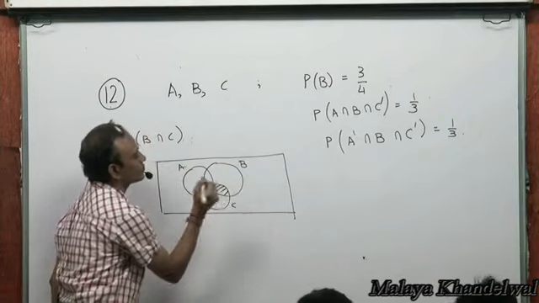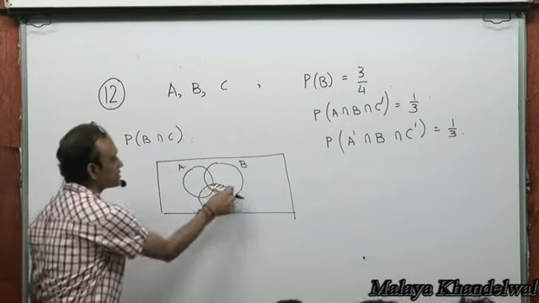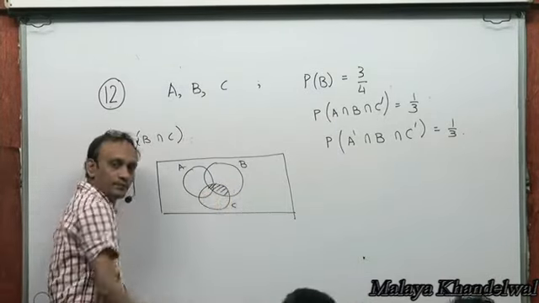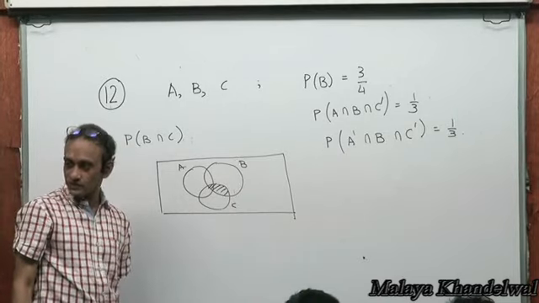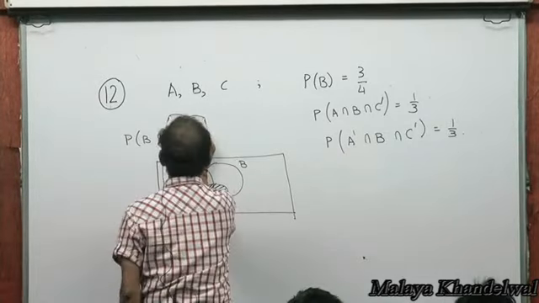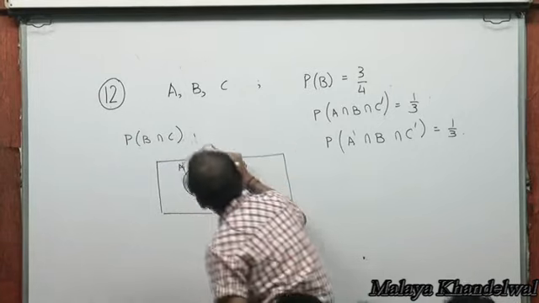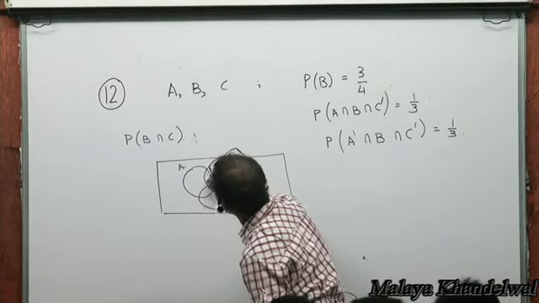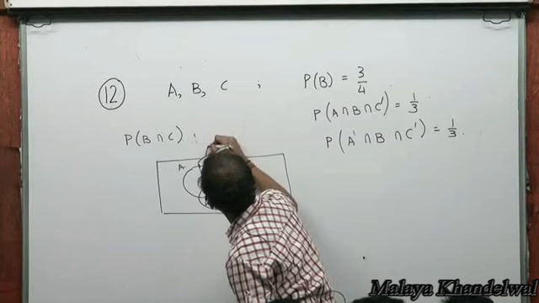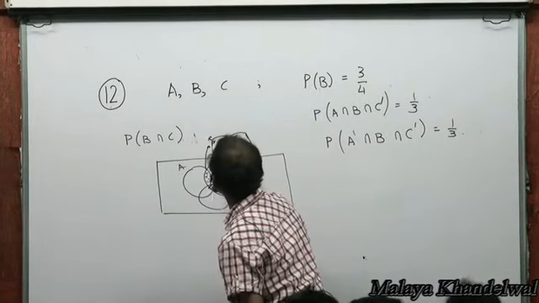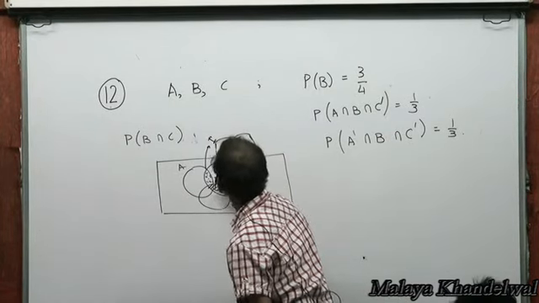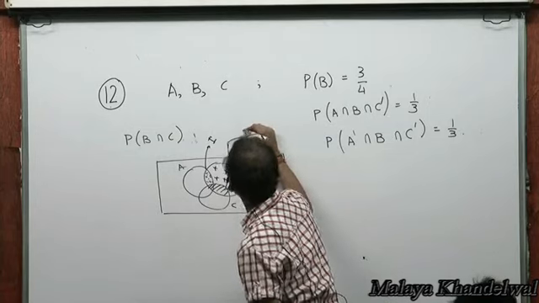Yes or no? This is the B intersection C area. I want to find the probability of this. See, this dotted region let me call 1, and this crossed region let me call 2.